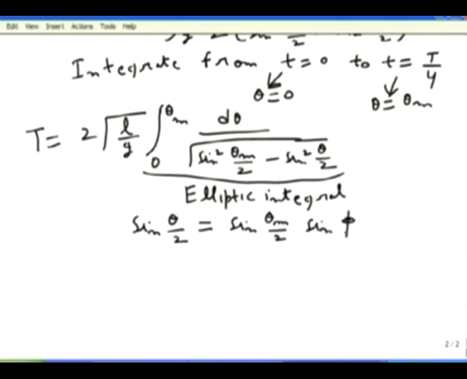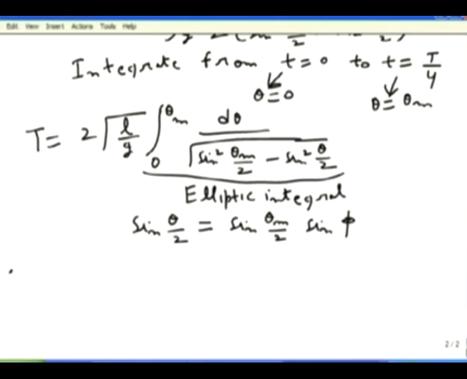This type of substitution can be employed so that limits change from 0 to theta m to 0 to pi by 2, because at theta equal to 0, phi is equal to 0, and at theta is equal to theta m, sin phi is equal to 1, that means phi is equal to pi by 2.